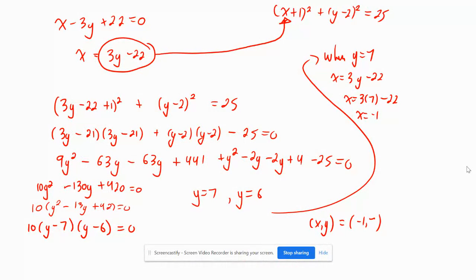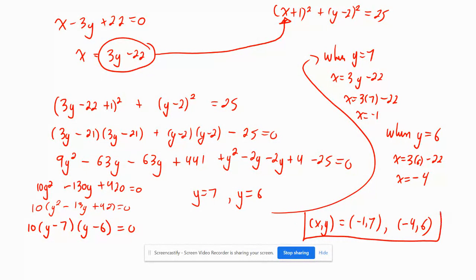And when y equals 6, x equals 3 times 6 minus 22, which is 18 minus 22, and that gives x equals negative 4. All right, so these are going to be our two intersection points of this circle over here.